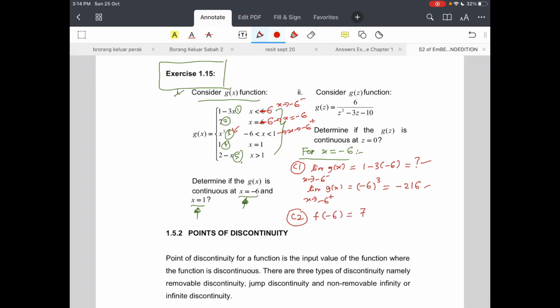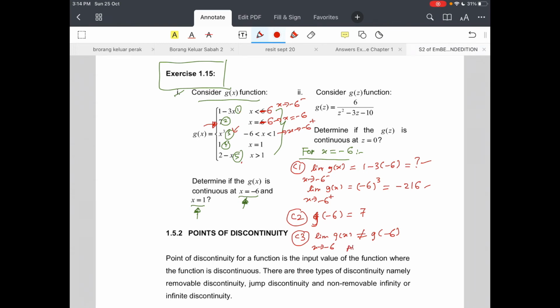So our answer is 7, right? This is referring to function number 2, and therefore when we test condition number 3, we know that the limit of g(x) as x approaches -6 is not equal to g(-6). It's not f, yeah, this is g.